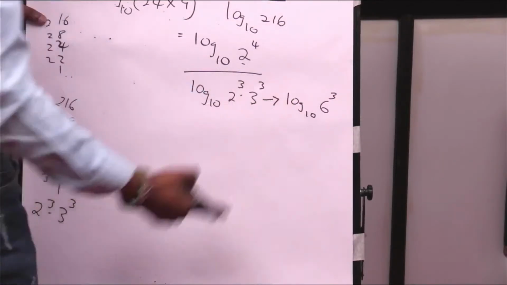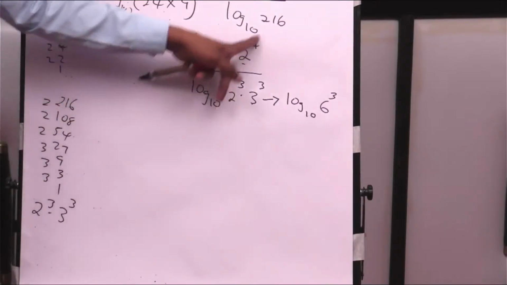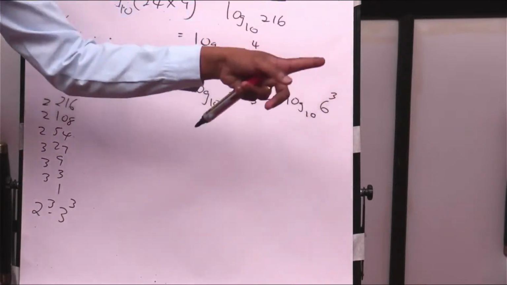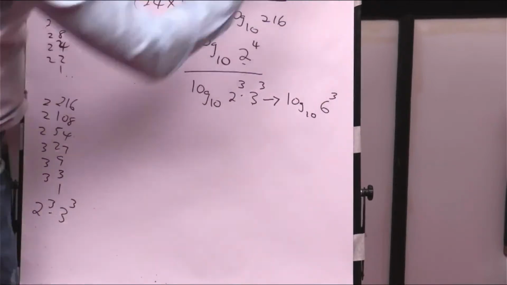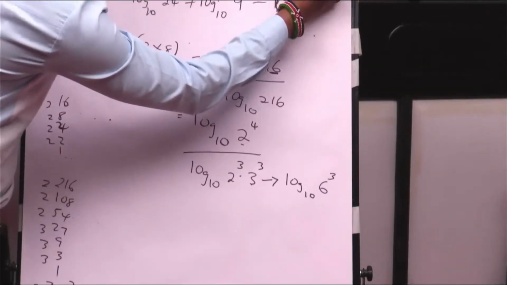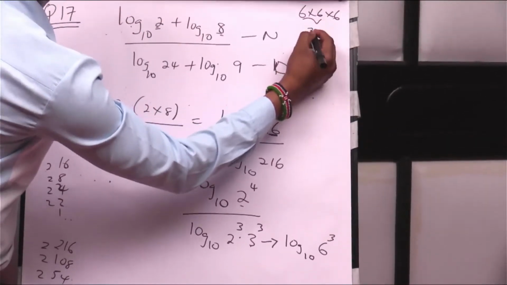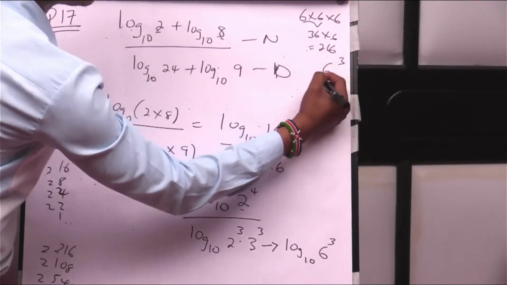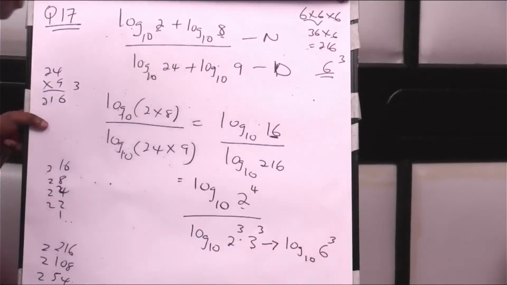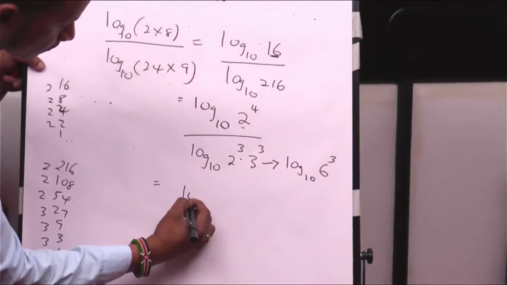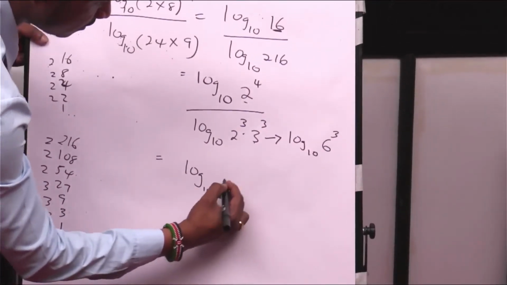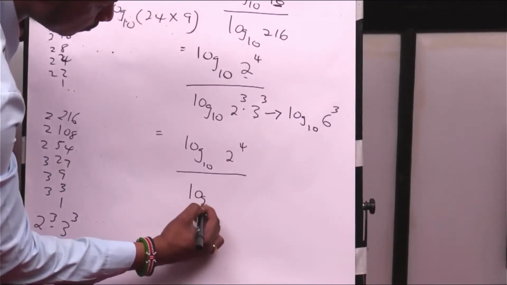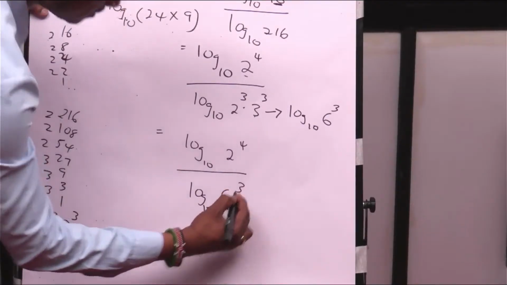Are we together, class? 216 can be written as 6 raised to power 3, since 6 times 6 is 36, and 36 times 6 is 216. So this comes to log to base 10 of 2 raised to power 4 divided by log to base 10 of 6 raised to power 3.